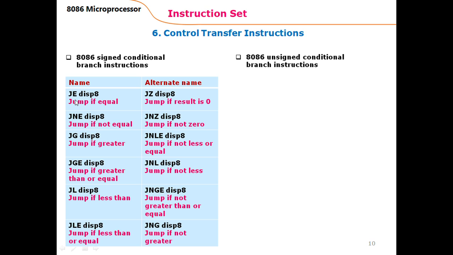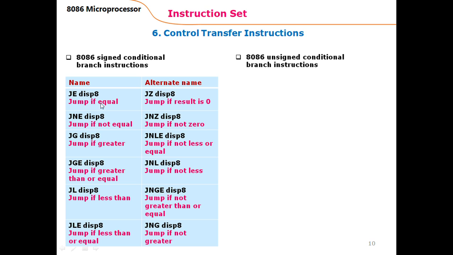So if the equality condition is satisfied, and that satisfaction is checked inside the flags, the jump will happen to this offset address. This is an 8-bit displacement that identifies the next location within the current segment.